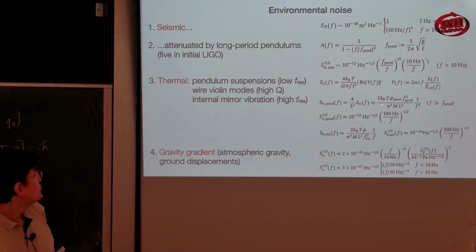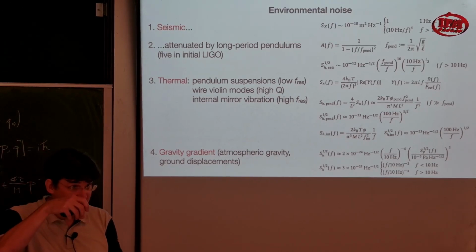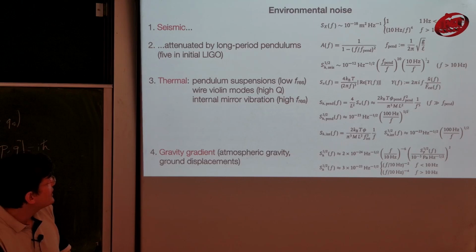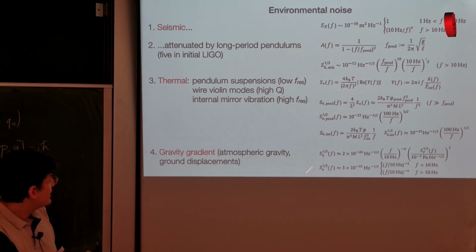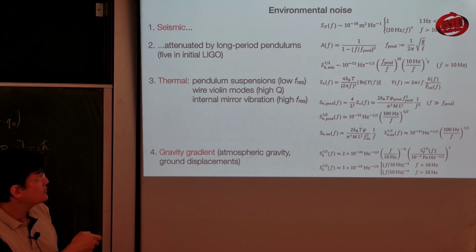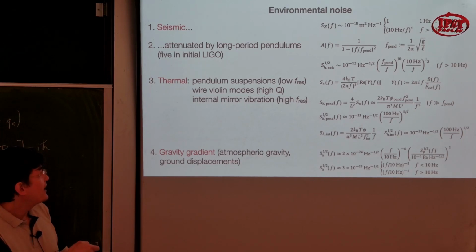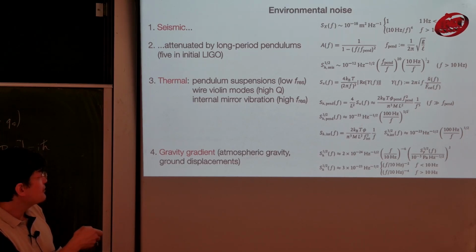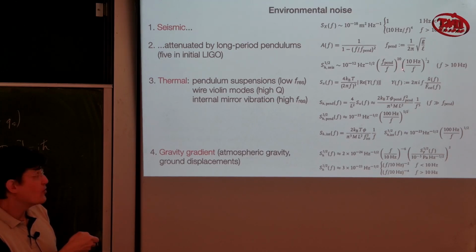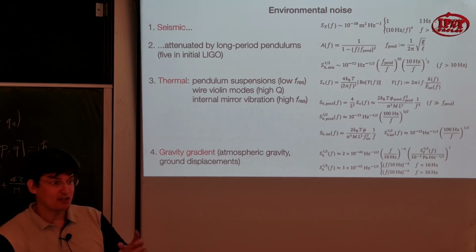And so what you do is you can attenuate it with pendula. Again, you suspend the test masses. Suspending the test mass gets you a mitigation of your noise by a factor that's proportional to the natural frequency of the pendulum. These are slow pendula; they're around 1 hertz, I think. Even this is not enough. So what you do is you chain the pendula. So in initial LIGO and Virgo, I think there are 5 stages of pendula, and some of them are actually inverted.